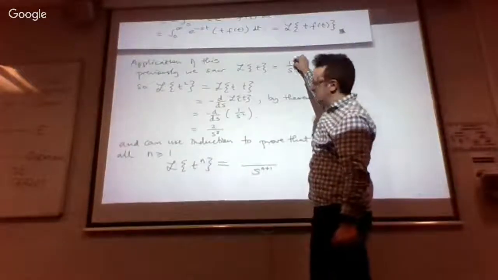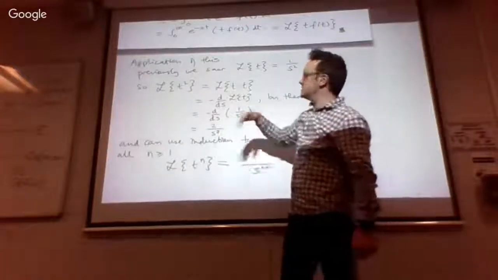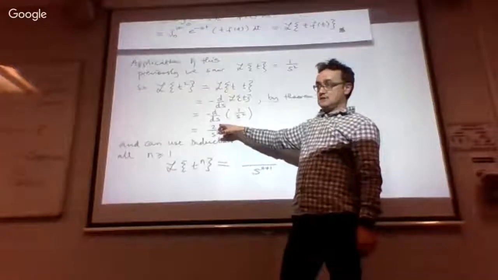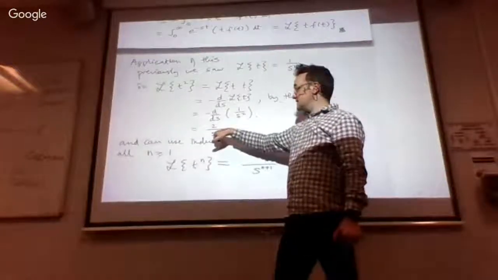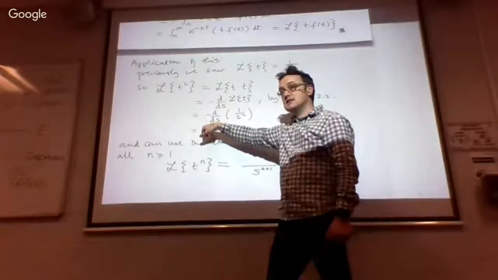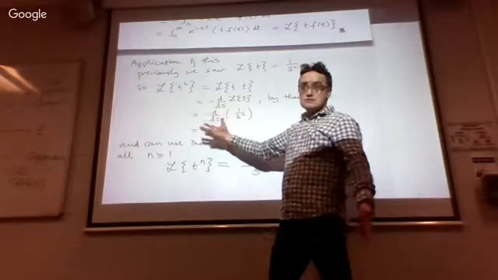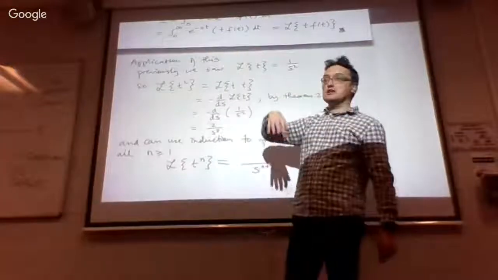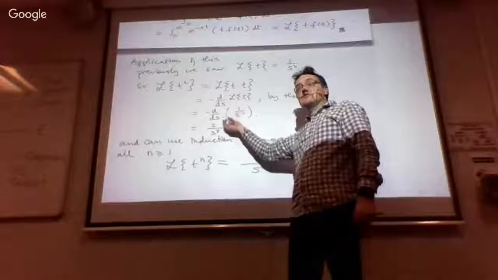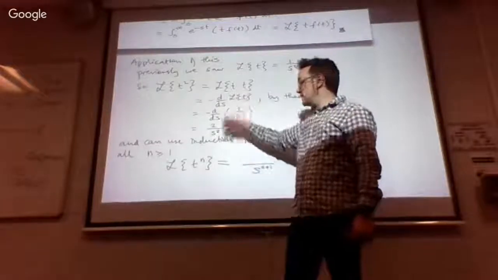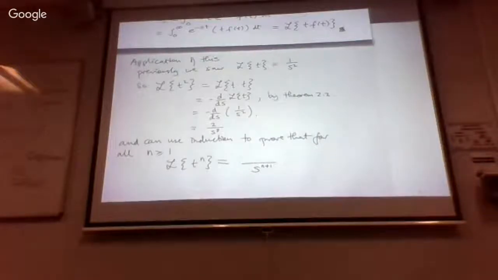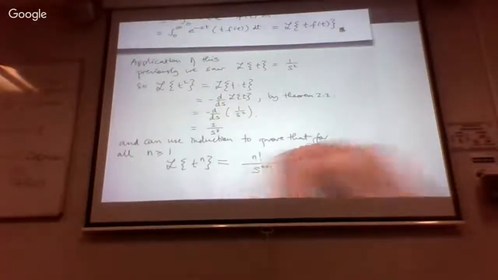To go to t cubed, we have to differentiate this, and the exponent 3 comes out, so you get a factor of 3 in the numerator. You get a 3 by 2, which is 3 factorial. And when you go to t to the 4, you differentiate 1 over s to the 4, so you get another factor of 4 in the numerator, to keep generating the extra factors that build up the factorial. So up here will be n factorial.